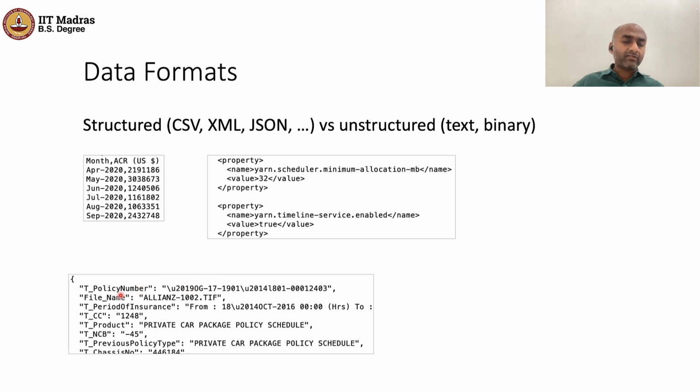So the key occurs to the left of the colon and the value occurs to the right of the colon. And by having multiple such key value pairs and enclosing all of that in curly braces, it constitutes one data record. So a typical JSON file has multiple such data records, multiple such curly braces open and close.